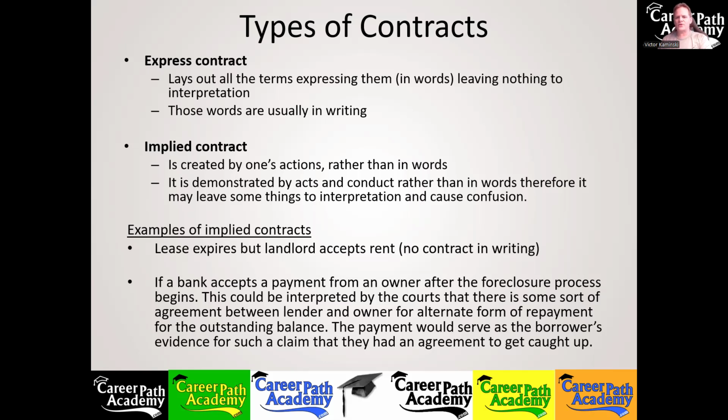So if that were the case, a judge would throw that foreclosure out of the court because it seems like there could be an implied contract. And the lender would have to start that foreclosure process all over again and not accept any further payments.